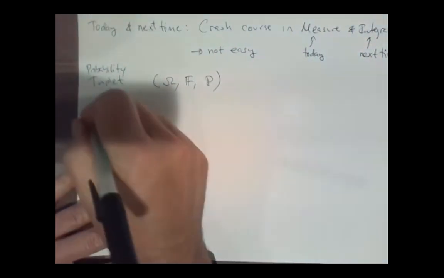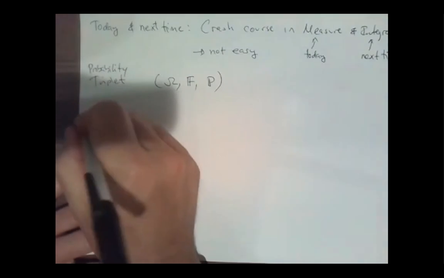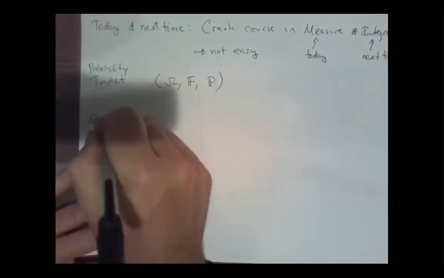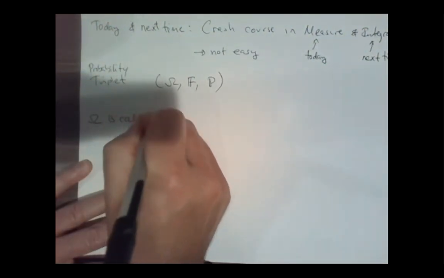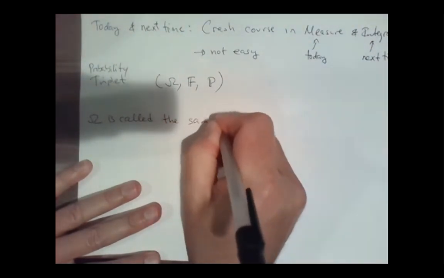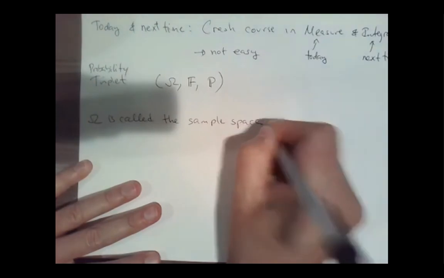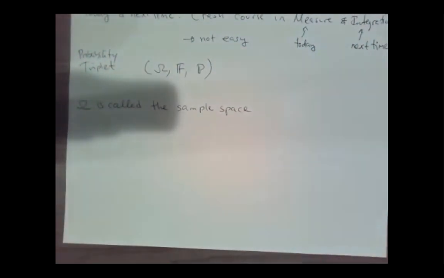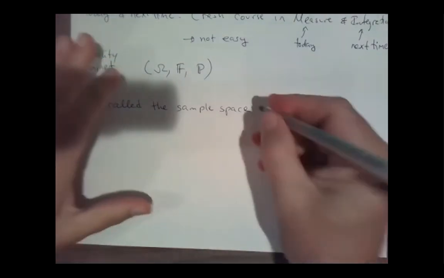Omega, F, P. So we're going to start out with omega. So omega, this is called the sample space. It's also called the probability space.